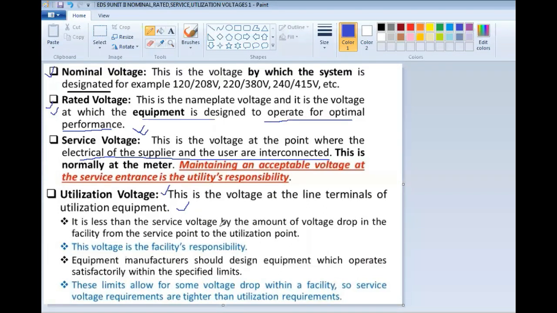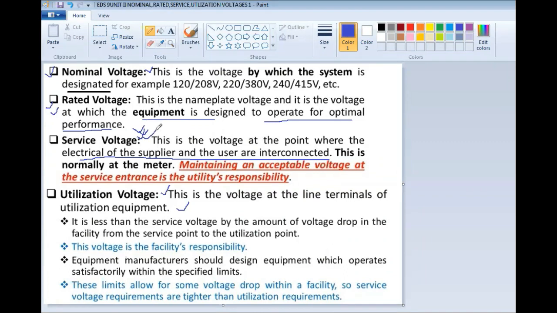So if you see one by one, the nominal voltage is the system voltage. After that, the service voltage: whatever voltage is available from the pole, connected to the meter, that is the available voltage at the meter, called the service voltage.